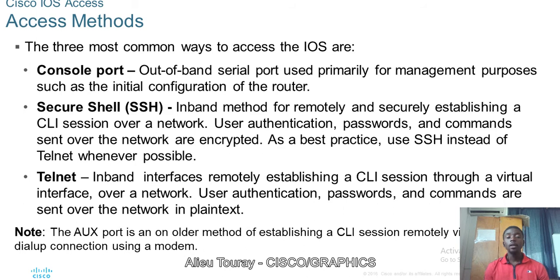SSH stands for Secure Shell. So the encrypted version of Telnet is called SSH. Telnet is a common one that many people use. The traditional remote login is called Telnet. So you Telnet, or remotely log in, to your Cisco device, and then you have your configurations.